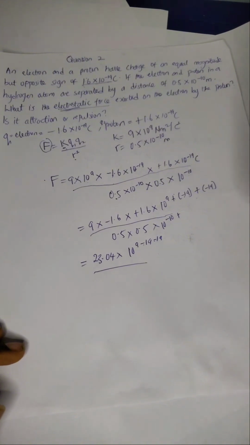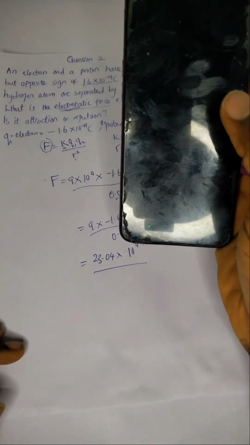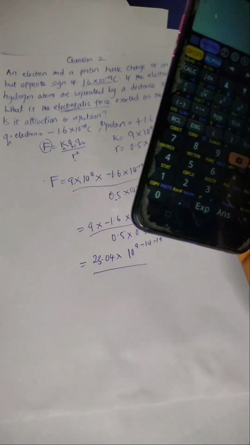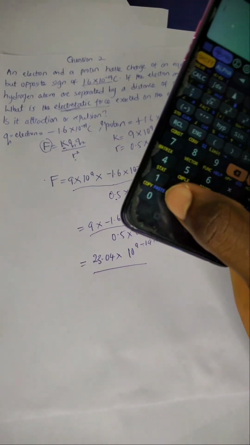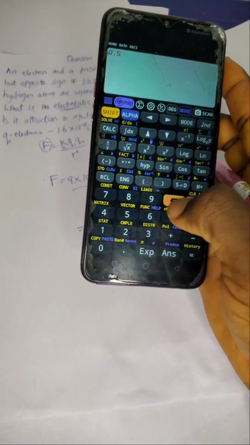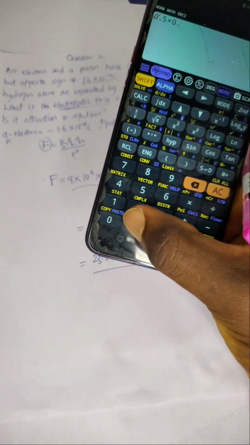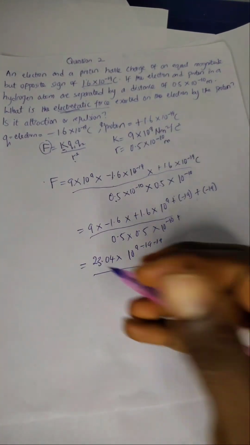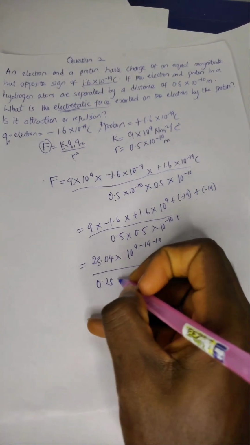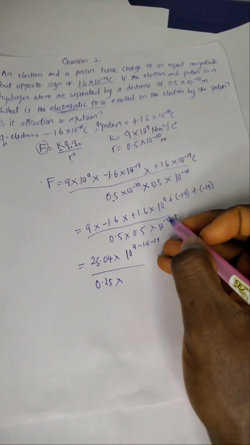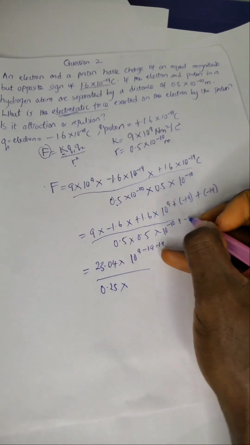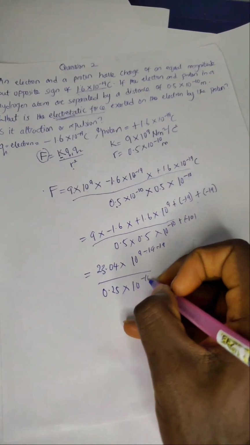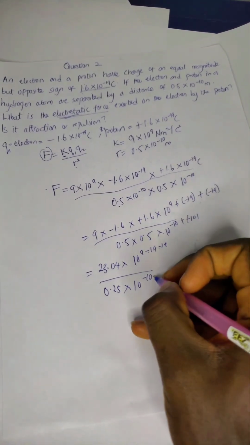Then minus 10 and minus 10, so that's minus 20.